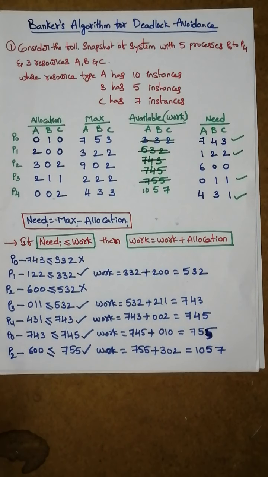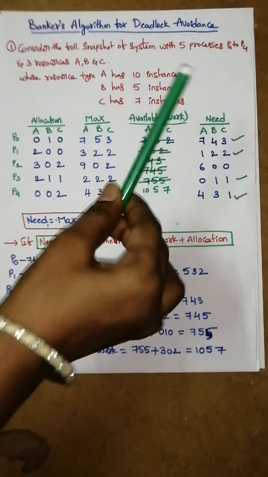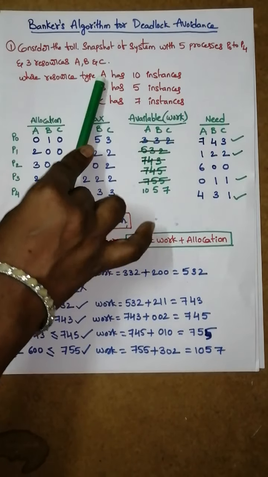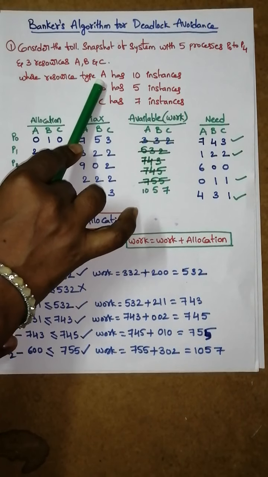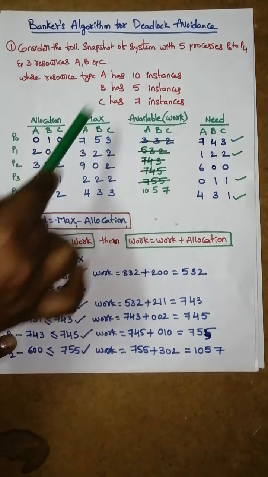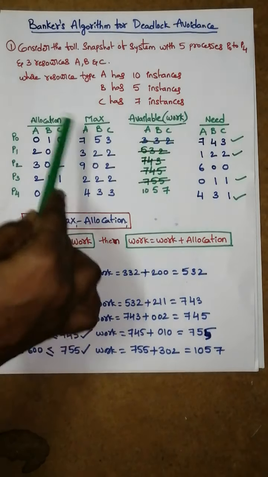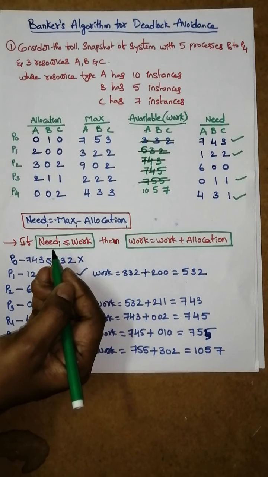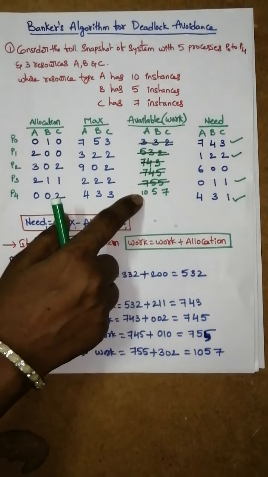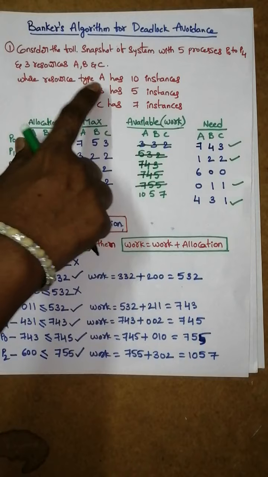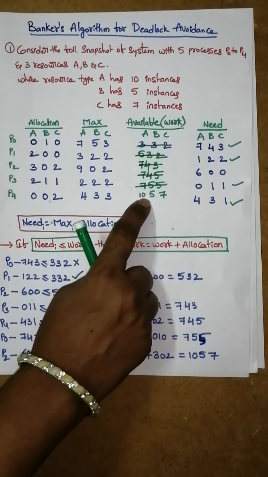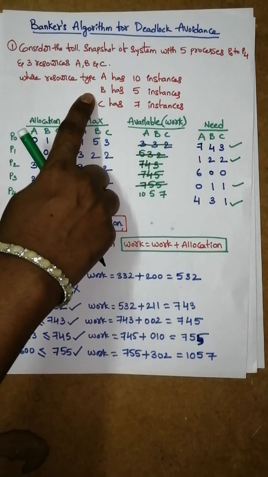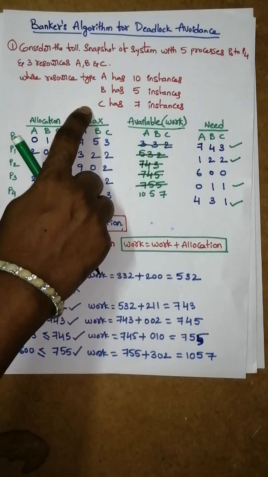Now if you observe in the question, in the beginning they said that 10 instances of A resource are there, which I have allocated like this. Now finally, after everyone completes their execution, I got 10 instances of A resource, 5 instances of B resource, and 7 instances of C resource.